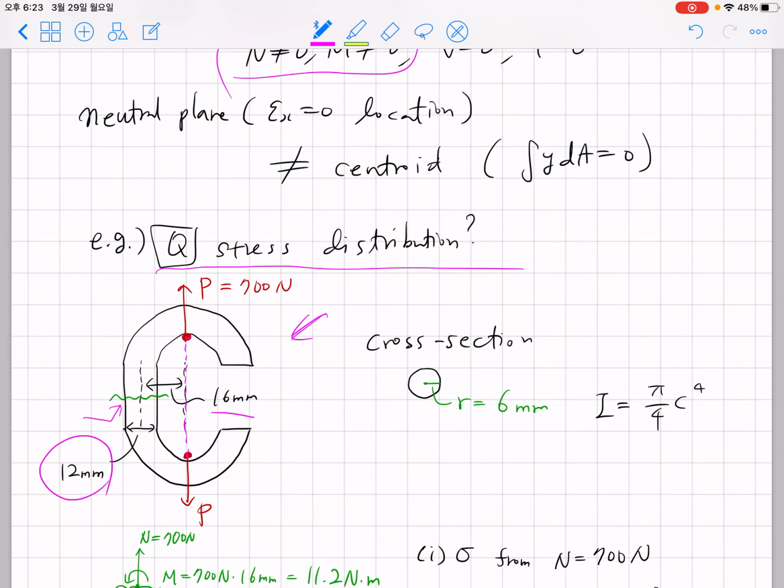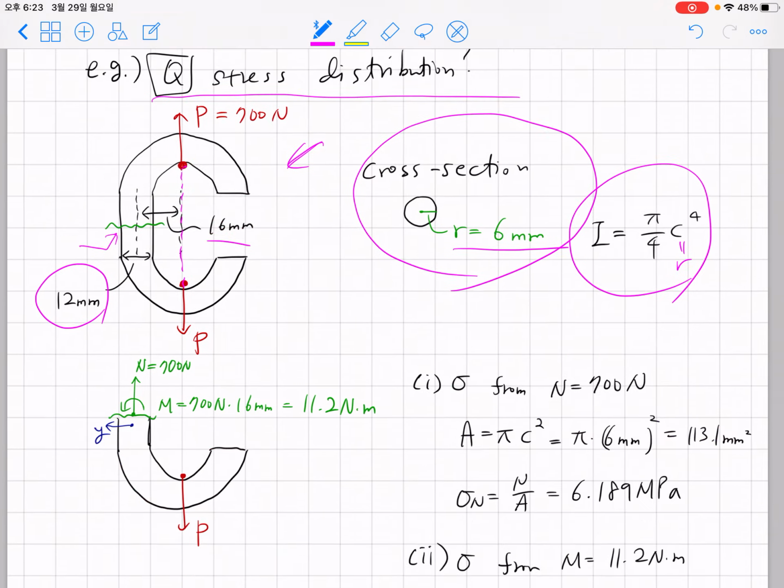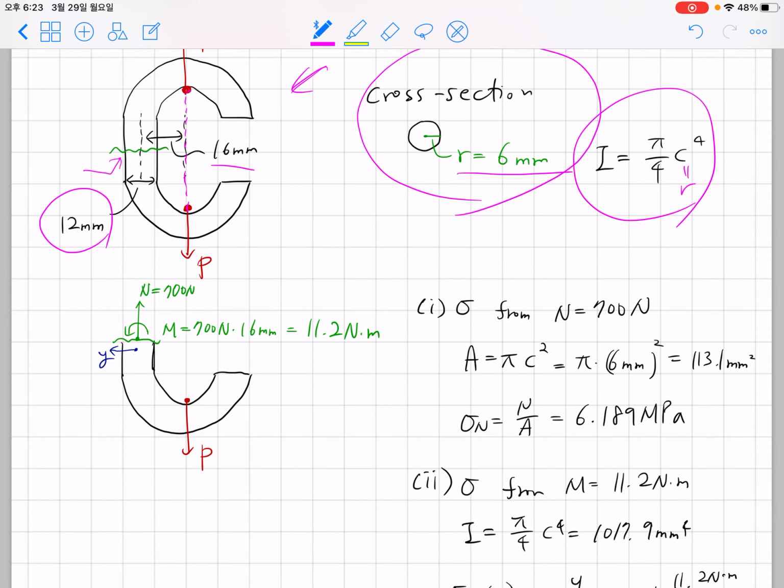The cross section is given as a perfect circle with radius 6 millimeters. For this perfect circle cross section, the area moment is given as pi over 4 multiplied by radius to the fourth power. Okay, so how can we approach the problem?